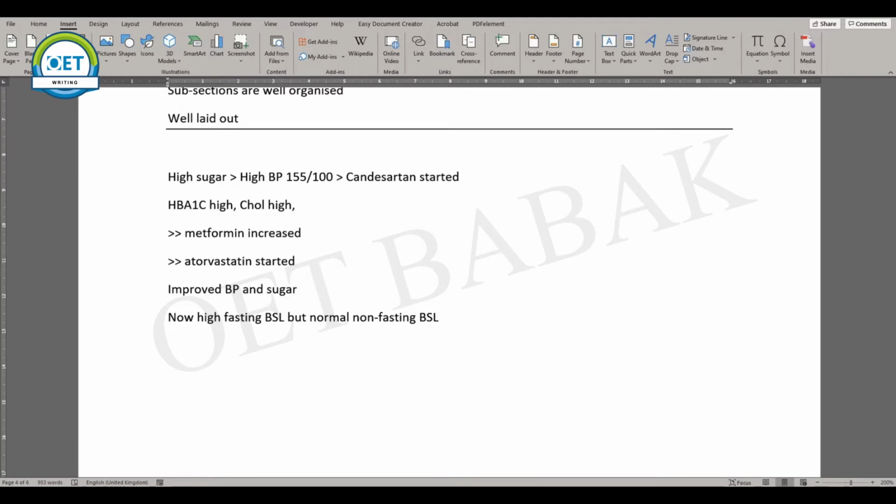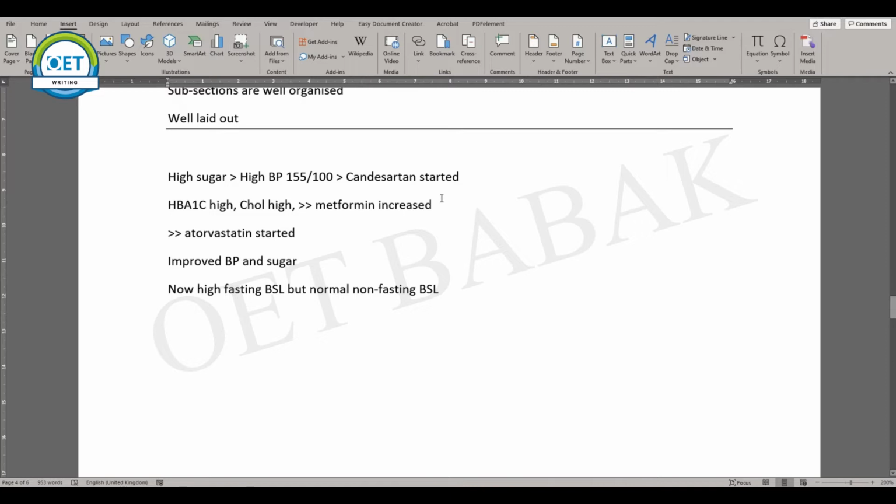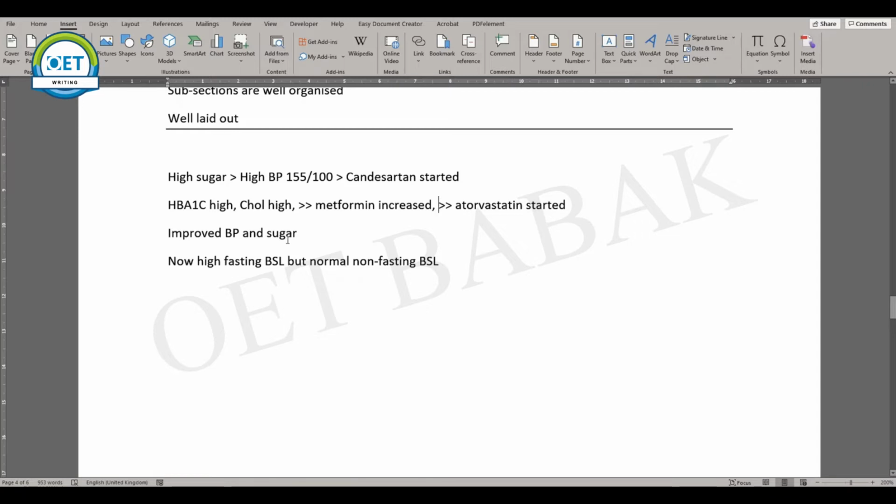Therefore, what we did was increasing metformin and starting on atorvastatin. And after that, it started to improve. BP and sugar improved, but after that, again, the fasting sugar is high, non-fasting is not high. So this is the chronology.